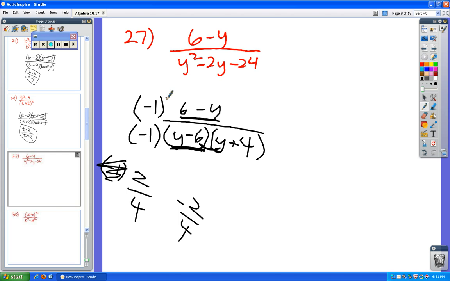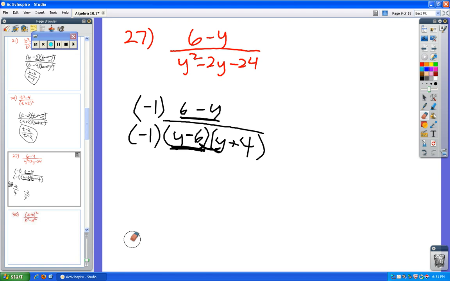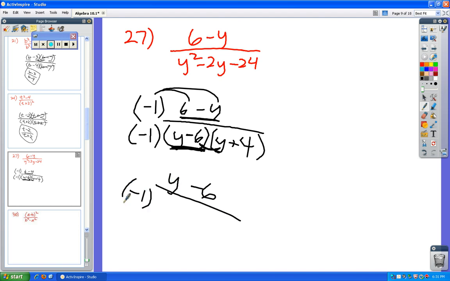Okay, so here's what happens. Let me erase. If I multiply the top and bottom by negative 1, I'm going to take the negative 1 on the top and just distribute to the top. Ignore the bottom for now. If I distribute to the top, it'll be a negative 6 and a positive y. You still have negative 1 on the bottom, y minus 6, and then the y plus 4.